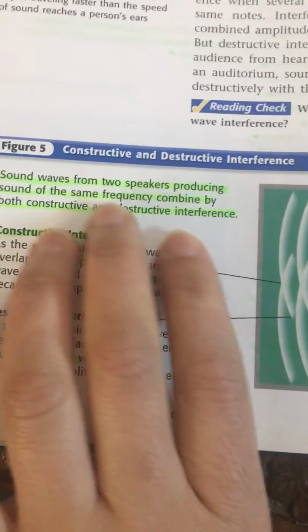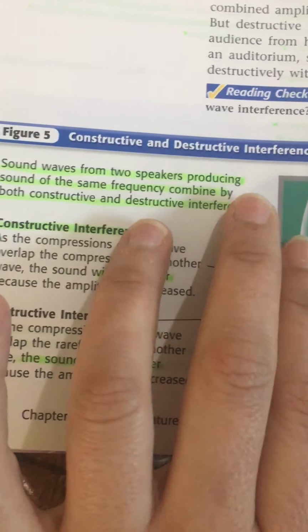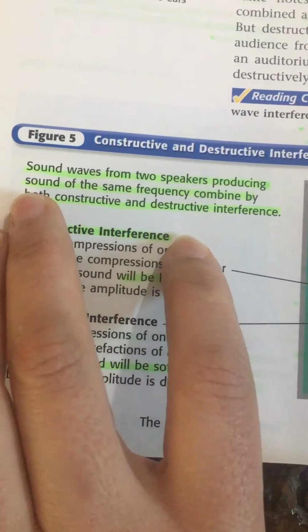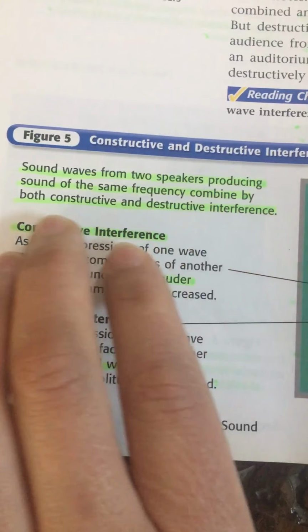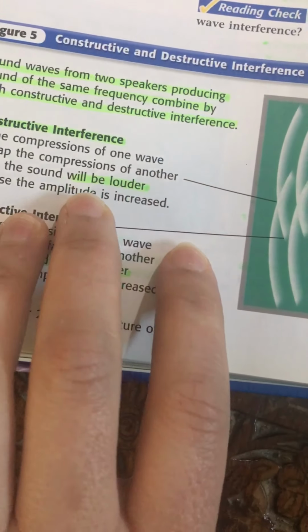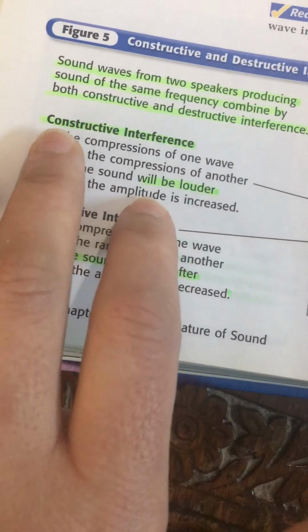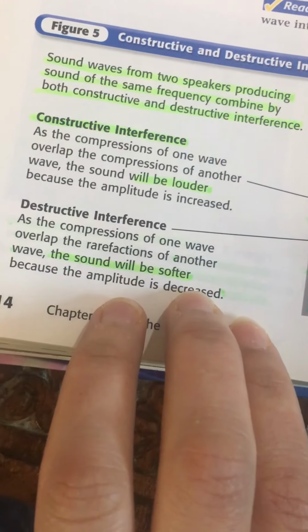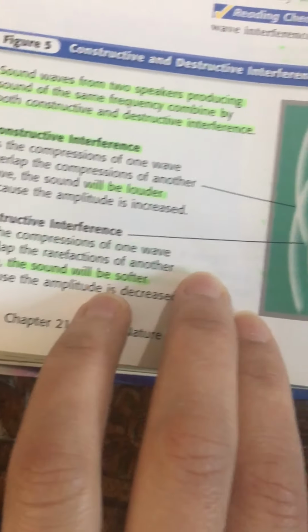Sound waves form when two speakers producing sound of the same frequency combine, both constructively and destructively. If you want to make the sound louder, you make it constructive interference. When you want the sound to be softer, you make destructive interference.